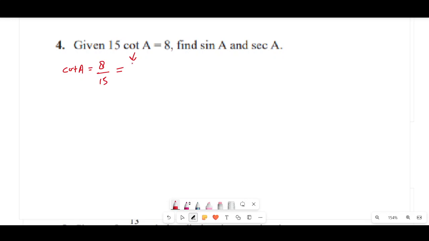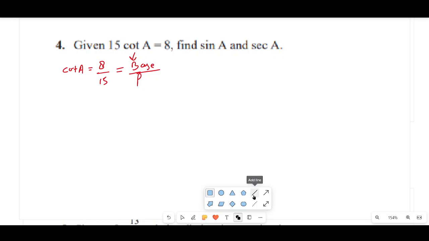That means 8 is the base and 15 is the perpendicular, because tan A is perpendicular by base, so cot A is the reverse.